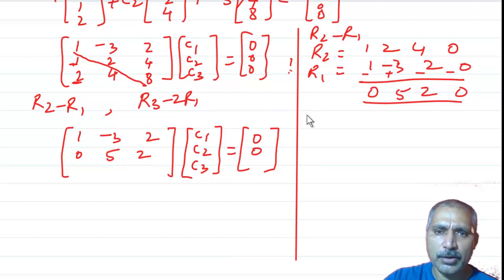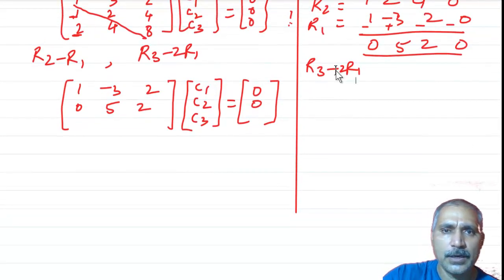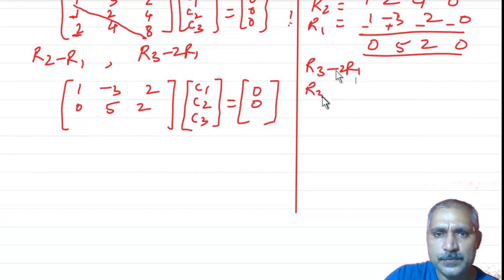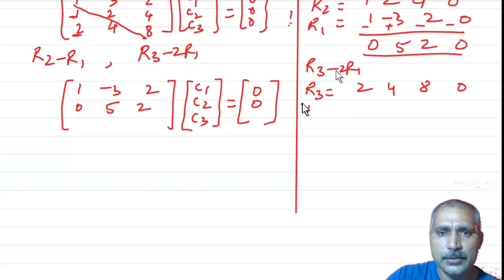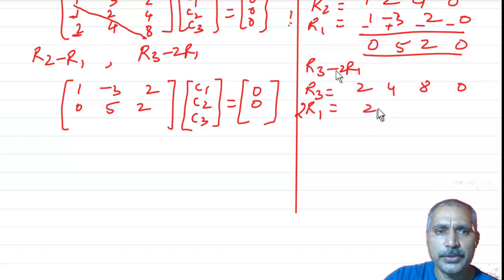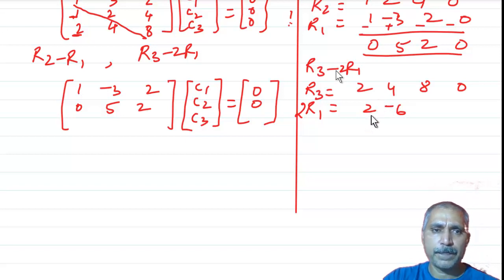Now we'll be doing the operation on the third row, that is R3 minus 2 times R1. R3 elements are 2, 4, 8 and 0. 2 times R1 means multiplying R1 by 2, so it will be 2, minus 6, and we will be multiplying 2 to the 4.